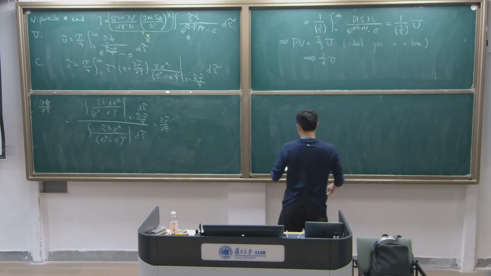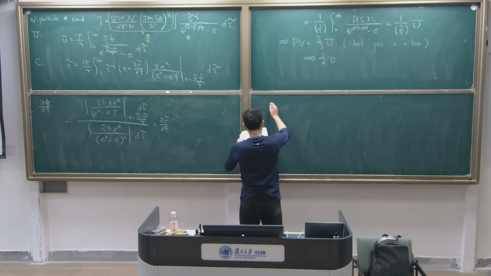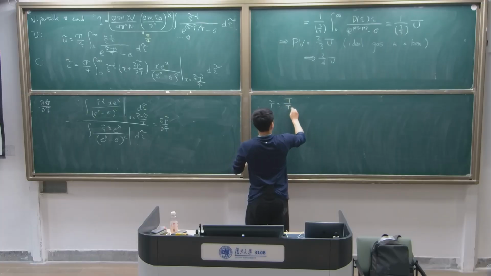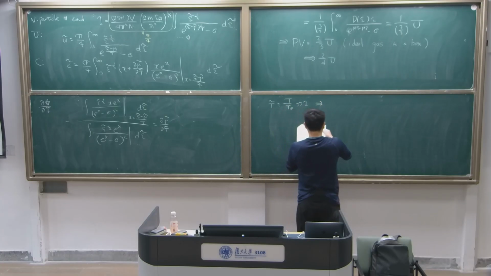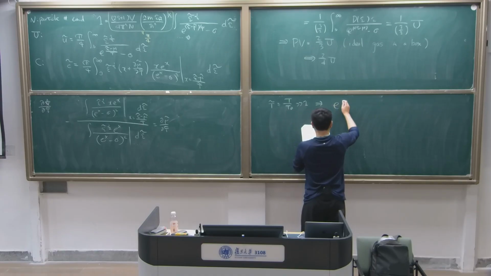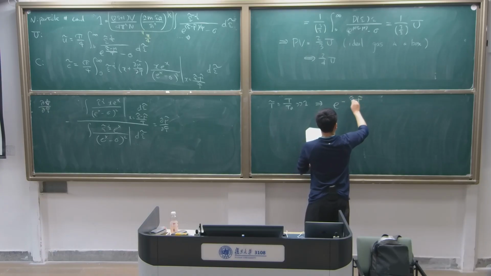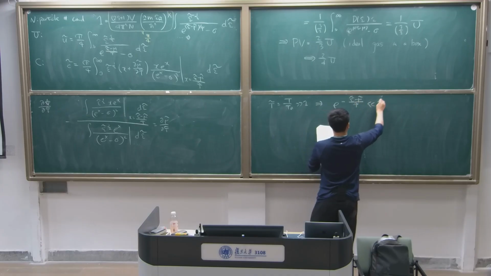Now, let's look at temperature. Temperature T over Q is very big. Then this means that the high temperature limit means that minus epsilon tilde mu tilde divided by T tilde is very small.